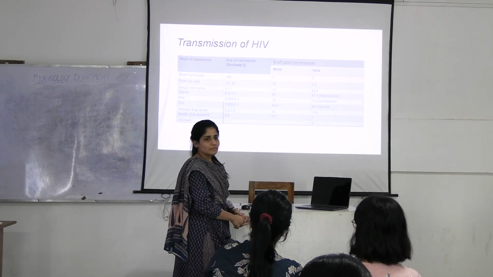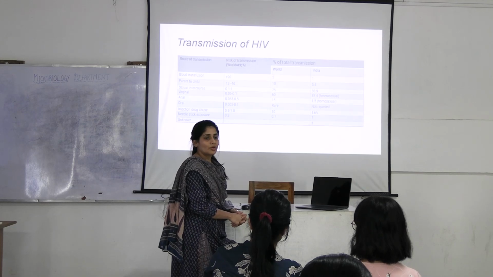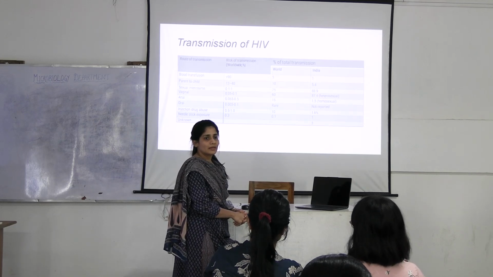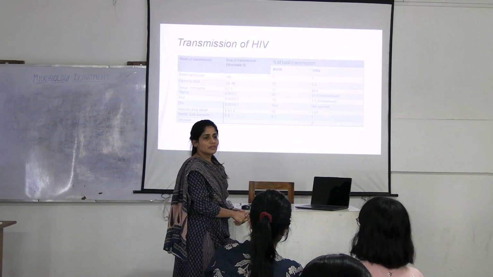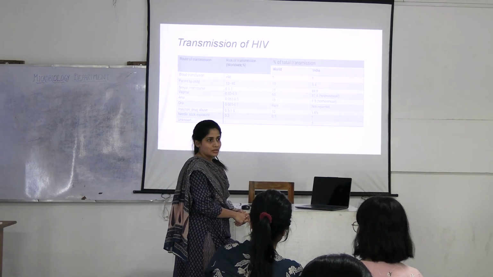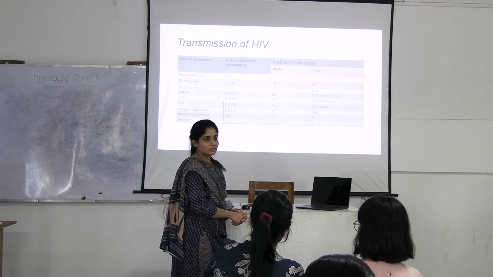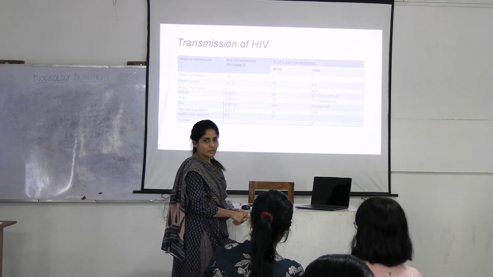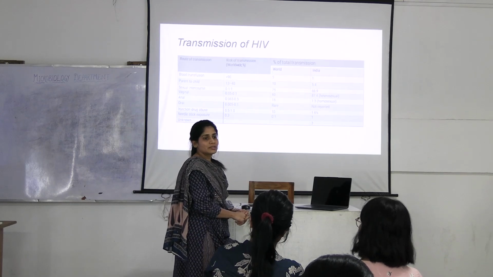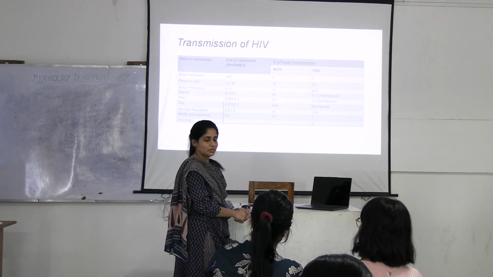Then, if the patient is unknown or a known case of HIV, then what should you do? You should take the first dose of ART within 2 hours, okay, within 2 hours or not later than 72 hours.